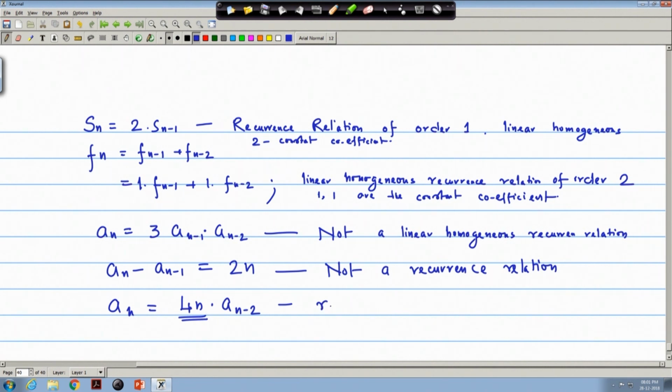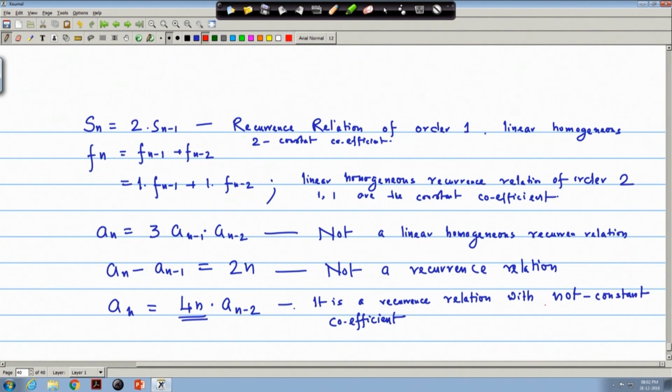So, it is a recurrence relation with not constant coefficient.